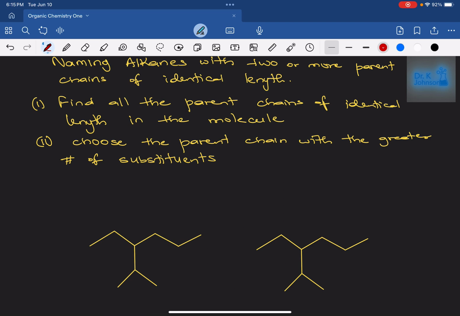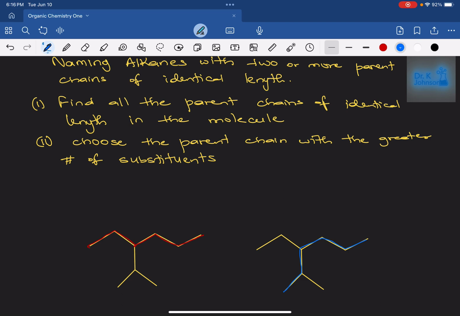One of the parent chains is this. That's one parent chain. The next one, and I'm gonna give it blue, is this one. Notice I'm not making any triangles. So that's the other parent chain.